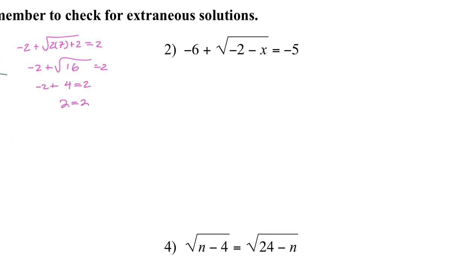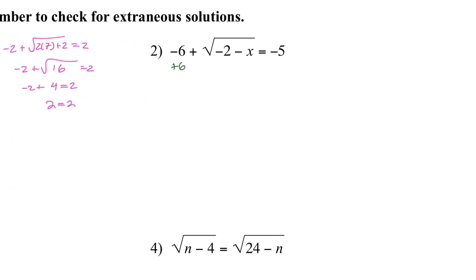Let's see number 2. Again, I'm going to start by adding 6 on both sides. So plus 6. I got the square root of negative 2 minus x equals 1. Another important part to keep in mind is that if my index is even, once I isolate the radical, it has to equal a positive number or 0.